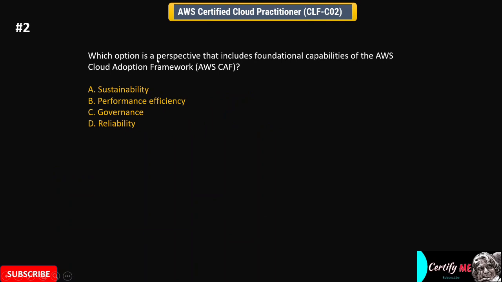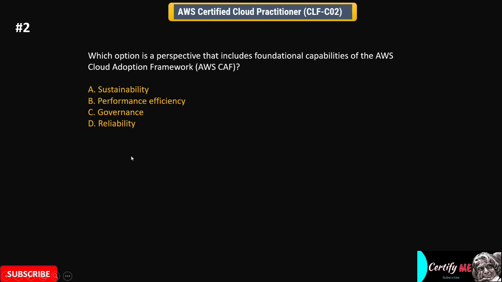Which option is a perspective that includes foundational capabilities of the AWS Cloud Adoption Framework? The options are option A, sustainability, option B, performance efficiency, option C, governance, option D, reliability.